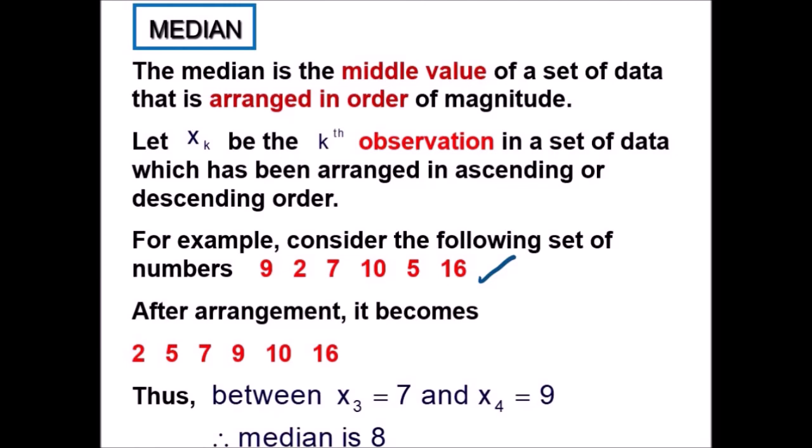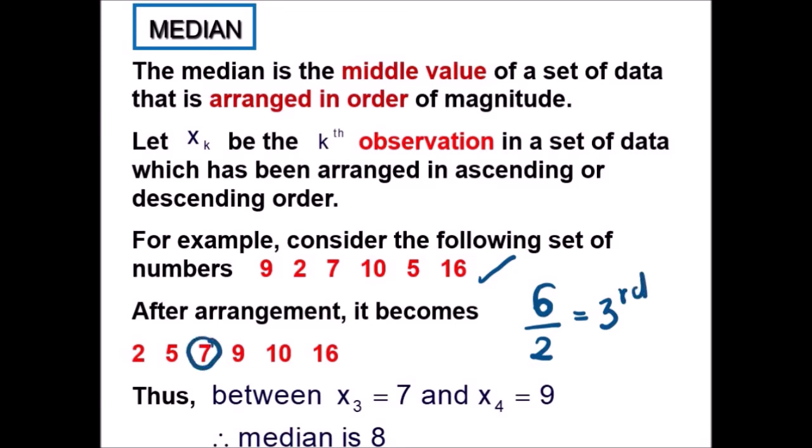When you arrange it, find the number of observations. Here we have 6 observations, which must be divided by 2, because we want to find the median. 6 divided by 2 equals 3. So the third term is 7.